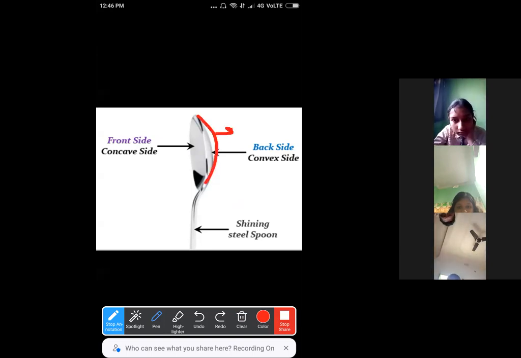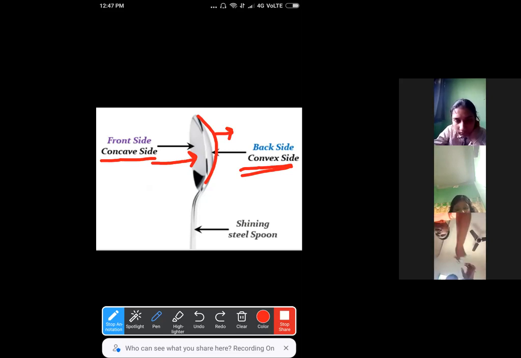It is curved to the outward direction. That is called the convex side or convex surface. Similarly, the front side with the help of which we eat the food is curved to the inward direction. This side is called the concave side, or this surface is known as the concave surface.